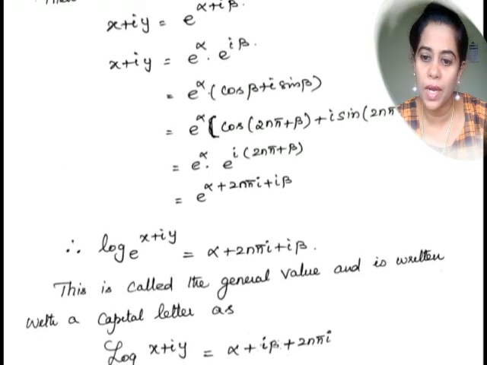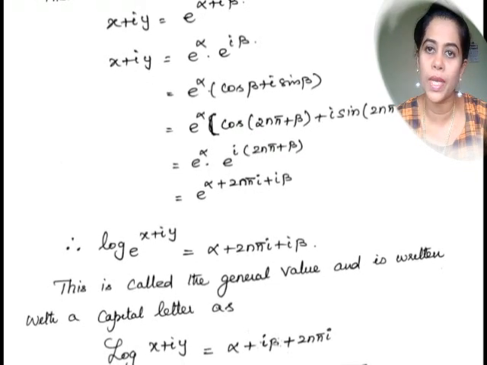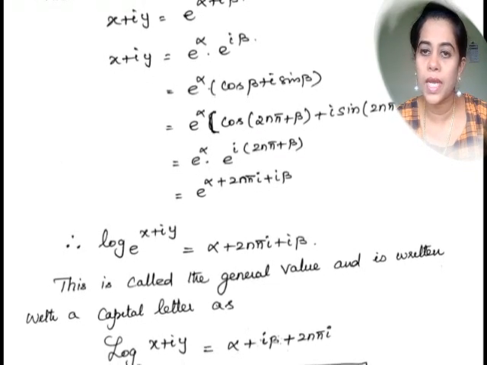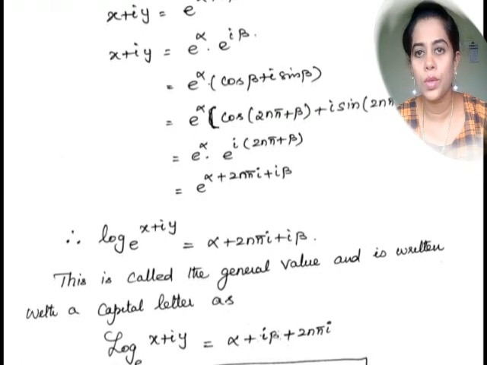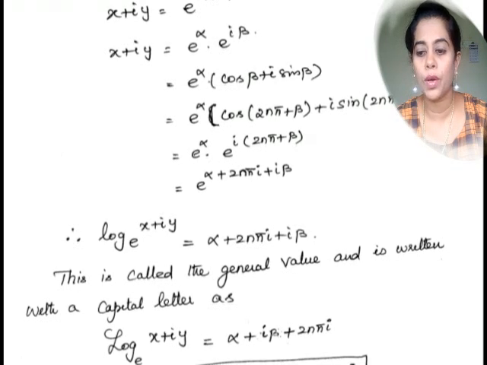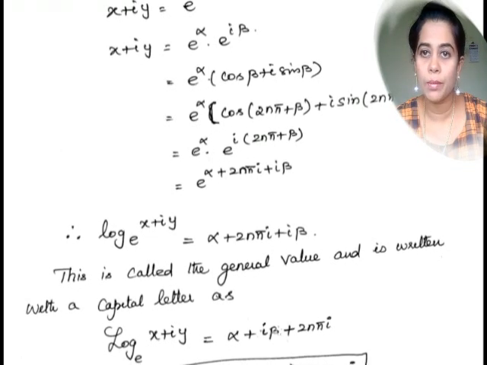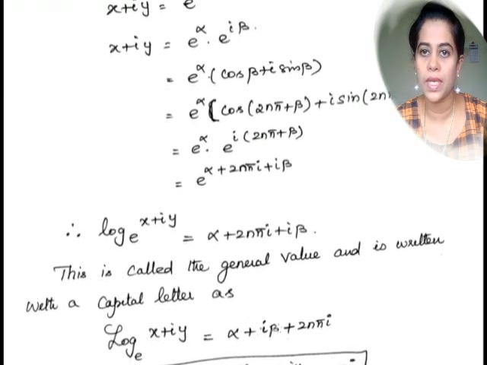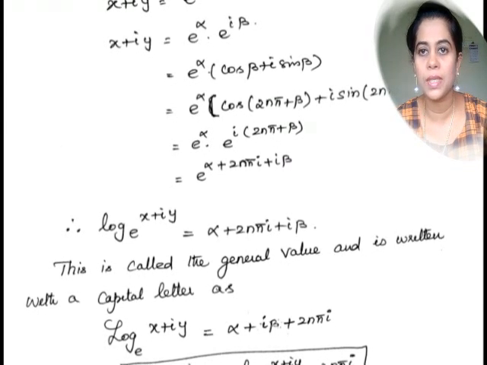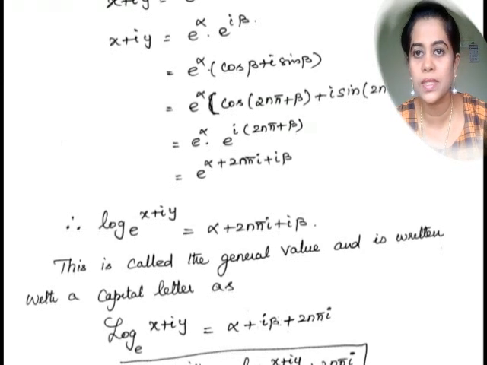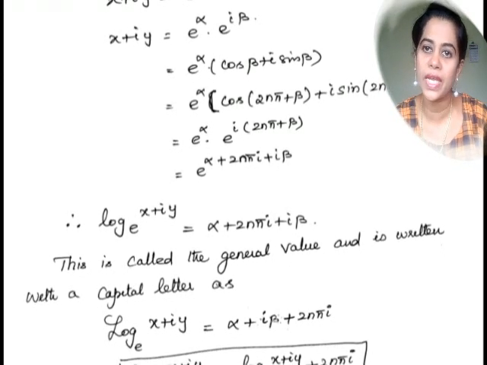So therefore it is e power alpha into cos of 2n pi plus beta plus i sin of 2n pi plus beta, which means this is equal to e power alpha into e power of i times 2n pi plus beta. Here the angle is 2n pi plus beta, so I can write e power i theta, the whole thing considered as theta.